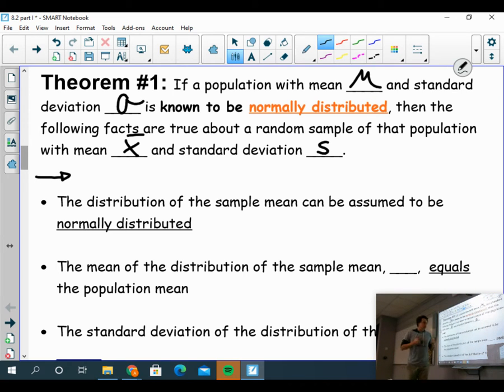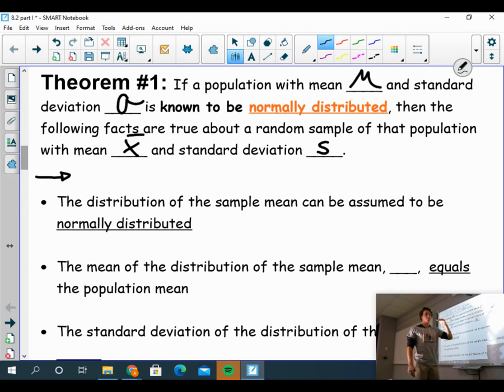Okay? So the example we used predominantly through 8.1 was about rainbow trout. And we said in this big pond, there's a whole population of rainbow trout with a mean mu and standard deviation sigma. And then we had 100 kids go fish the pond, and they each caught a sample size of 5. Then we took the average of all those samples.